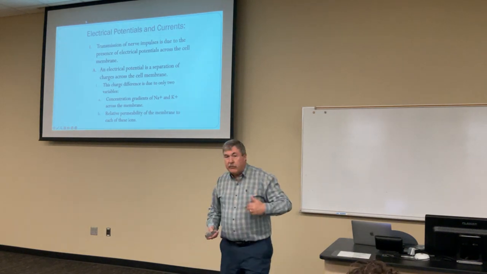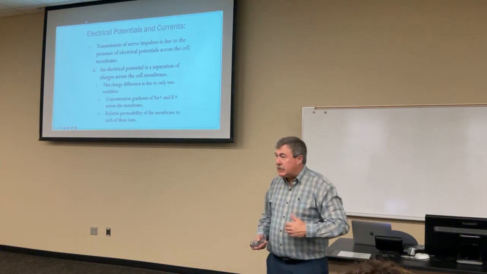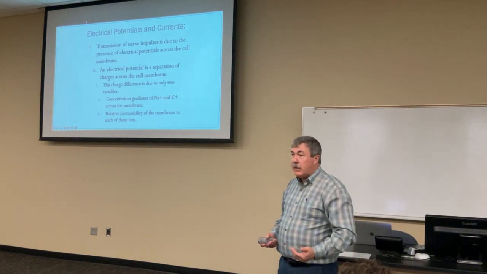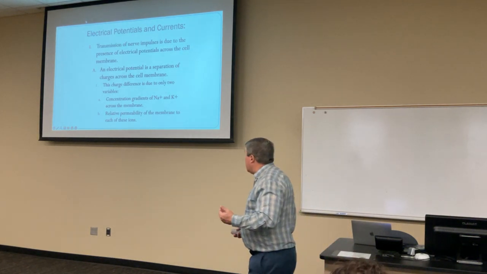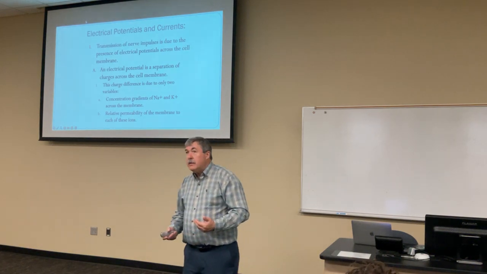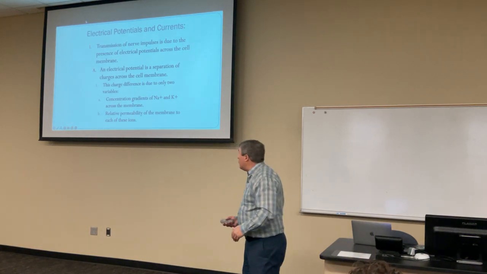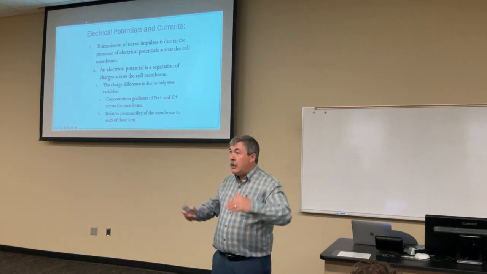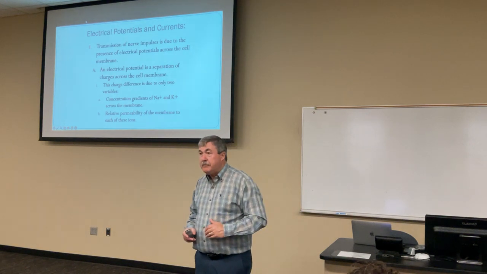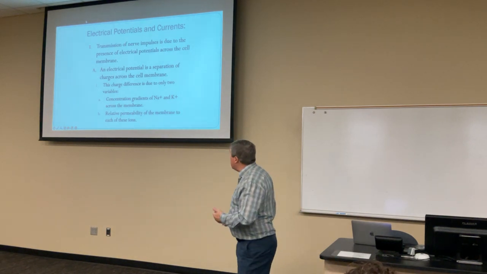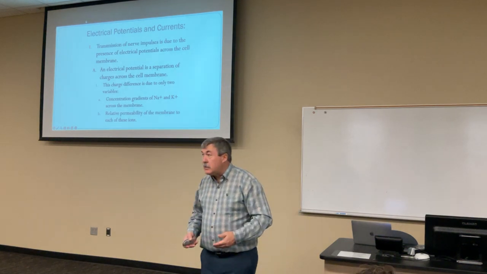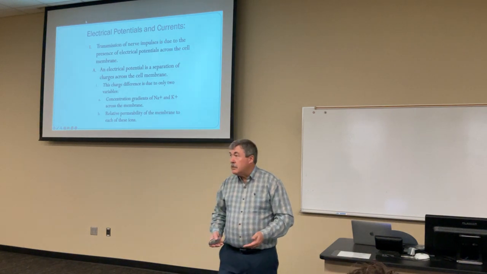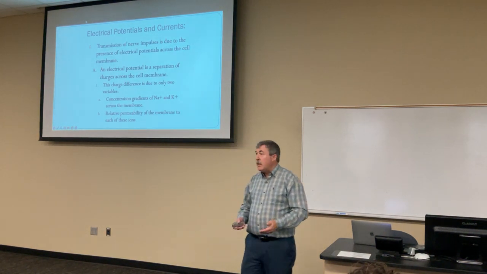And this charge difference across the membrane of the axons is due to only two factors or variables. The first one that makes this possible are the concentration gradients of sodium and potassium on the two opposite sides of the membrane. This concentration gradient of sodium and potassium is due to the activity of the sodium-potassium ATPase pumps, which is a form of primary active transport.